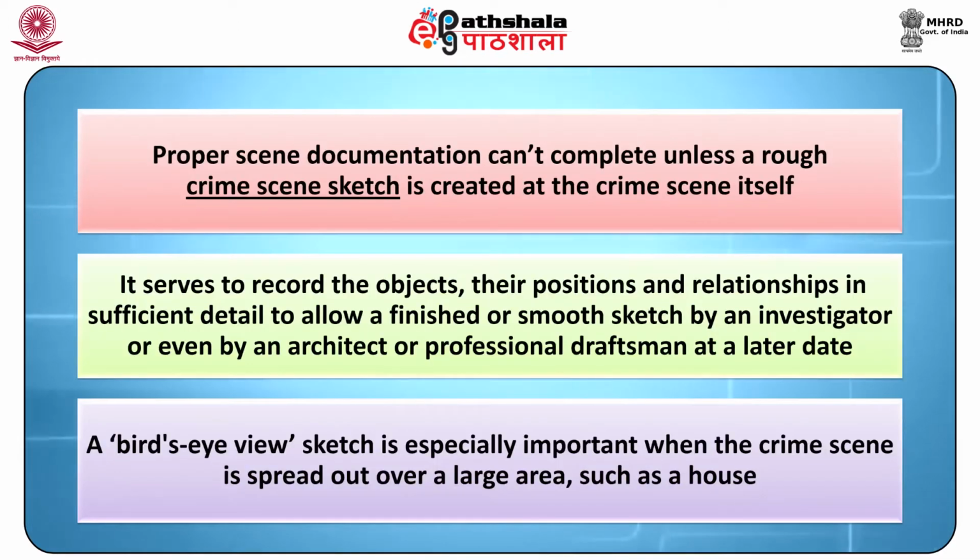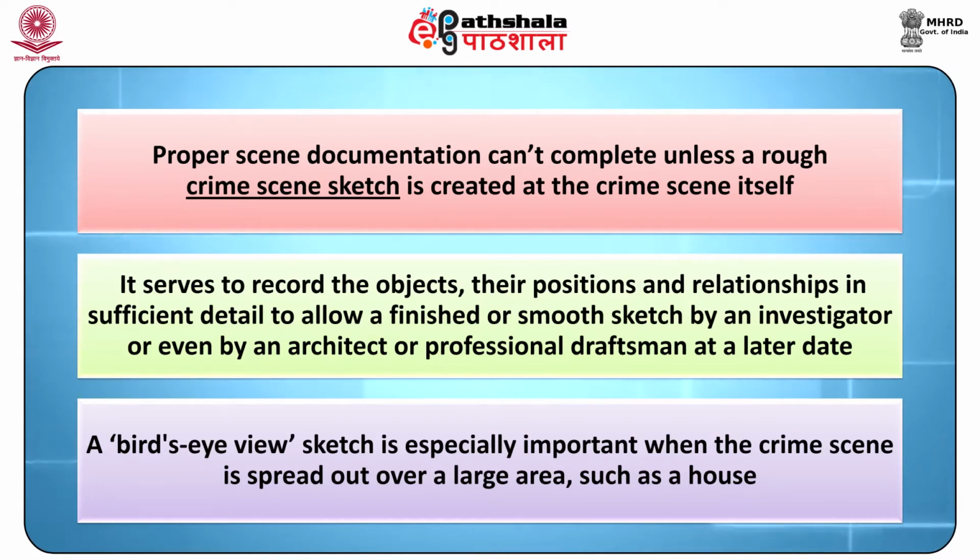Proper scene documentation can't be complete unless a rough crime scene sketch is created at the crime scene itself. It serves to record the objects, their positions and their relationship in significant detail, to be followed by a finished or smooth sketch by an investigator, or even by an architect or a professional draftsman, at a later stage.